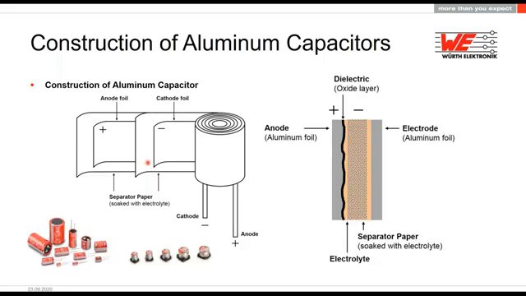The electrolyte is also a material that helps to build an oxide layer. What is really special, you see in the right picture here, is that the oxide layer, this big bold line here, is the actual dielectric material.